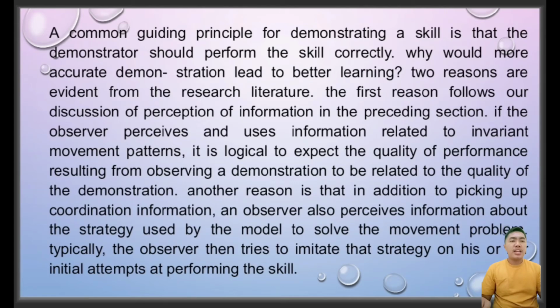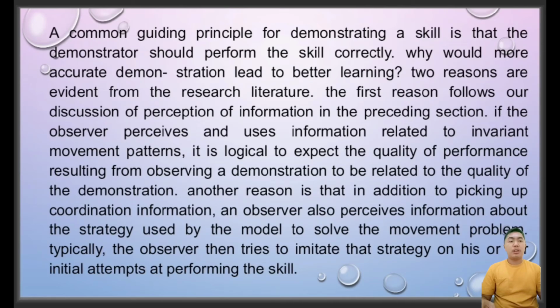Another reason is that in addition to picking up coordination information, an observer also perceives information about the strategy used by the model to solve the movement problem. Typically, the observer then tries to imitate that strategy on his or her initial attempts at performing the skill.